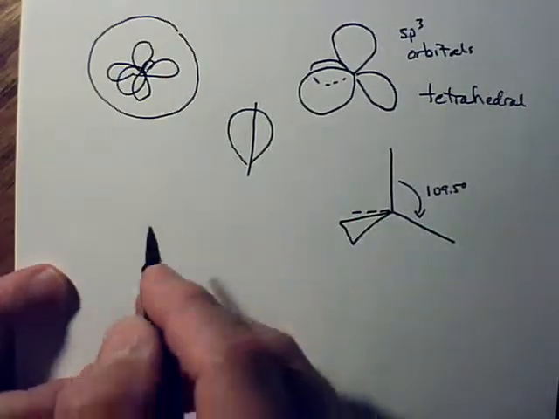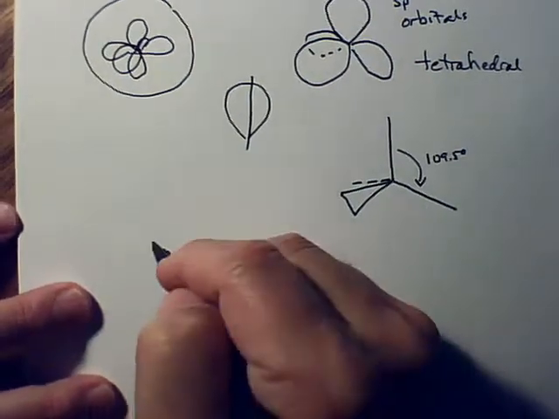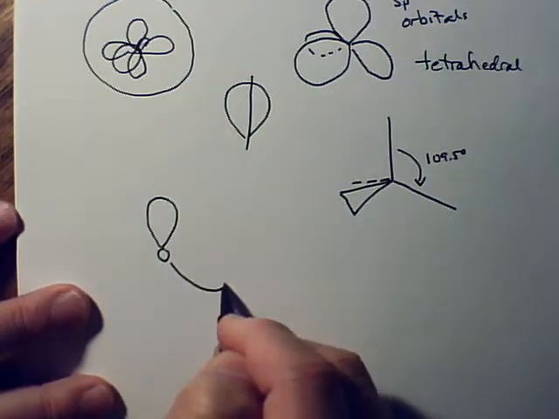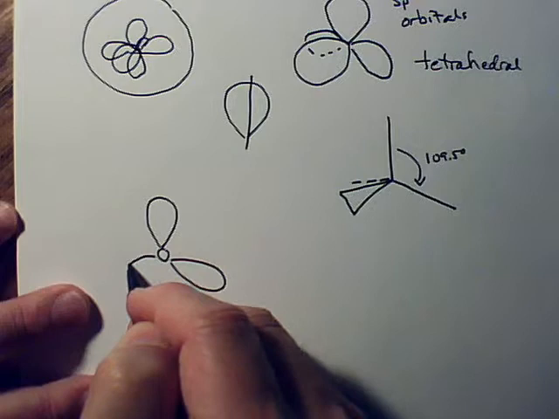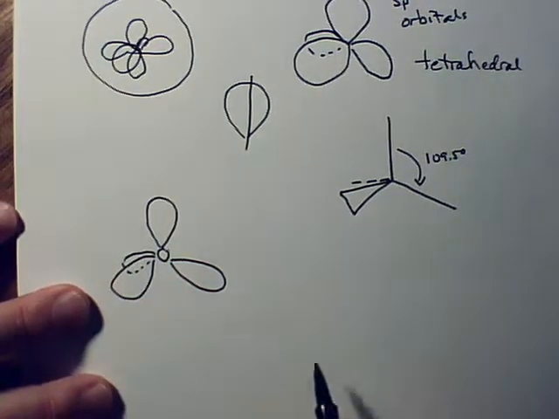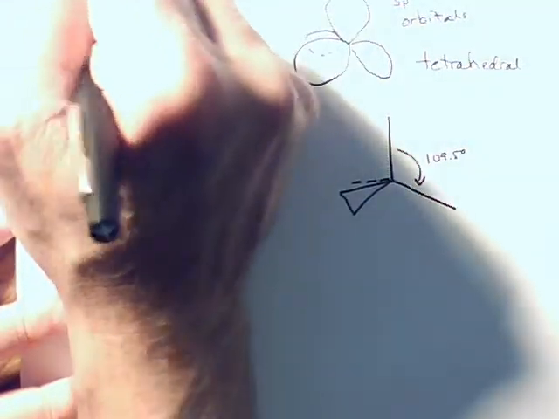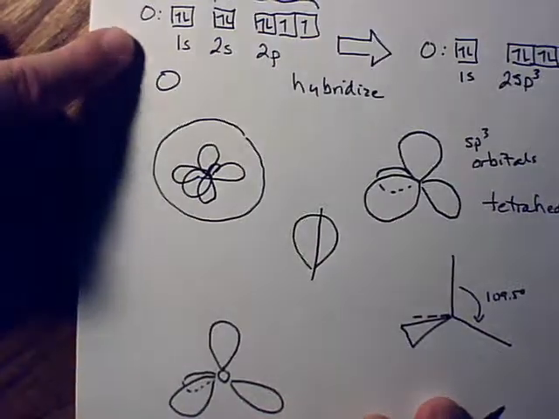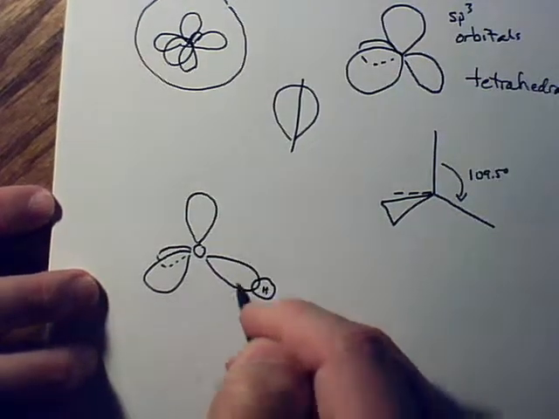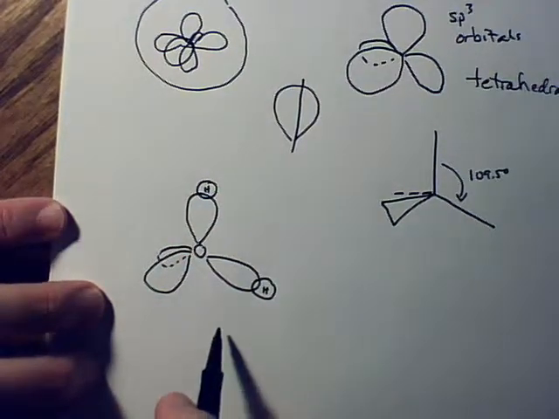And that means that if I have this oxygen atom in the center, and I've got one orbital coming up like this, another orbital coming out at 109.5 degrees, one coming toward you like this, and one back behind, all right? Then the s orbital from the hydrogen, remember, is just a spherical shape, okay? So they just attach themselves on here. Hydrogen's kind of there, all right?